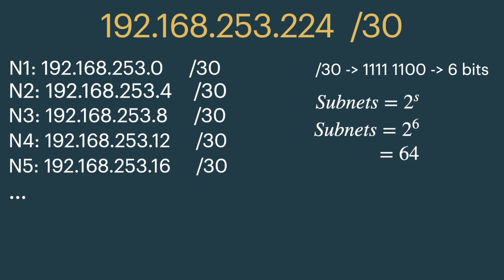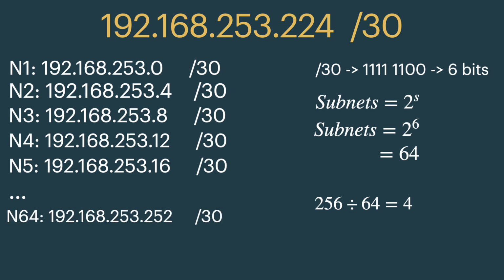So we use the formula to find how many subnets we're going to have: 2 to the power of the subnet bits. So 2 to the power 6 is going to be 64, and now we know that there are 256 options from 0 to 255, so 256 options divided by 64 subnets is going to give us 4. So that's the theory behind it.